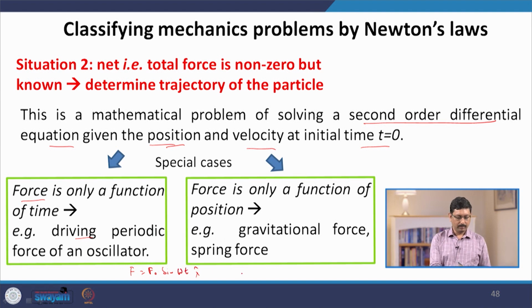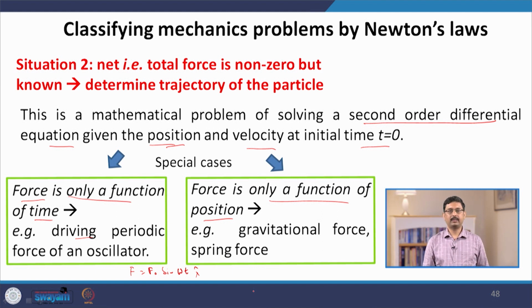In this case the force is only a function of time, and the other scenario is one in which the force is only a function of position. For example, the gravitational force: Newton's law of gravitation shows that the force does not depend on time, but depends on the distance between the two objects.